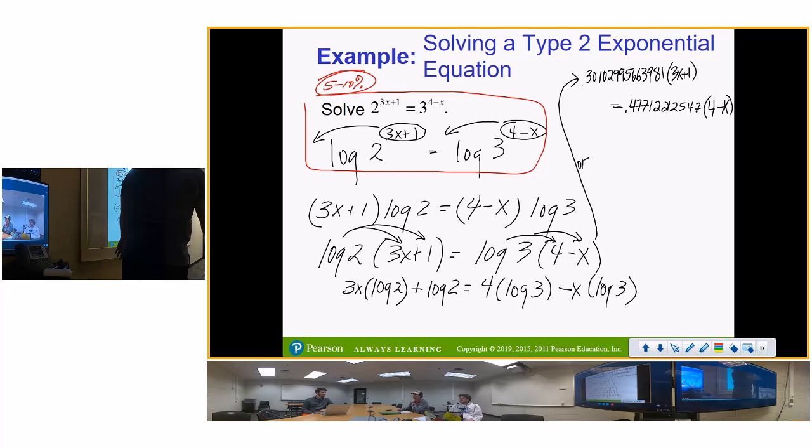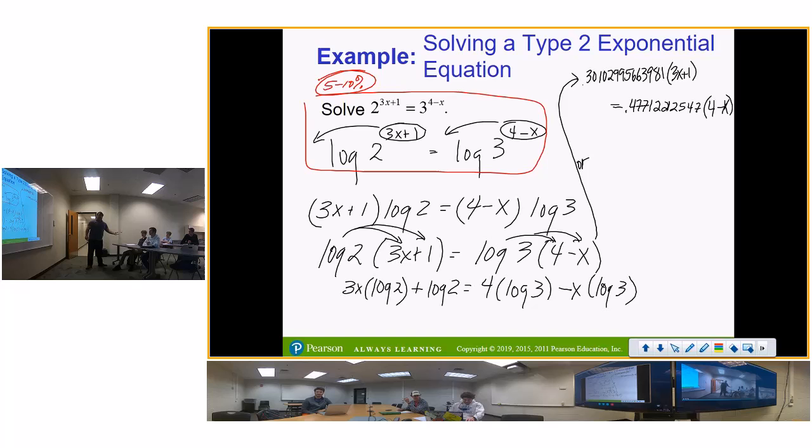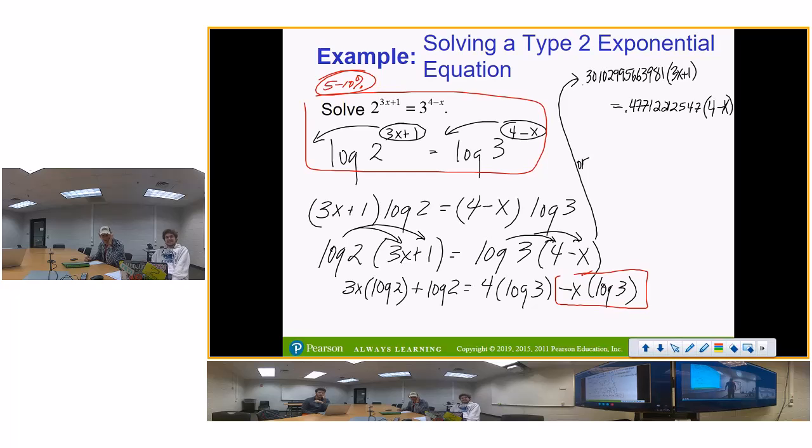Now it's just algebra. So what do you do in pre-algebra when you got x's all over the place? You get them on one side. So I need to move that across the river.